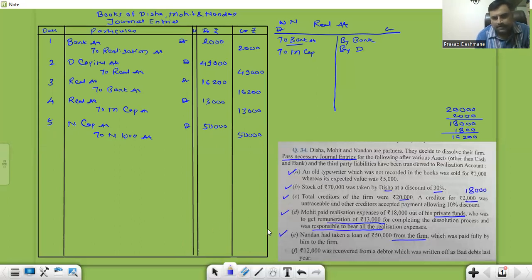Rupees 12,000 was recovered from the debtors which was written off as bad debts last year. Doesn't matter, we got the money. When we got the money, we record it as a receipt. No name is given, so what will I write, by bank? So bank is credited over here, so we debit.